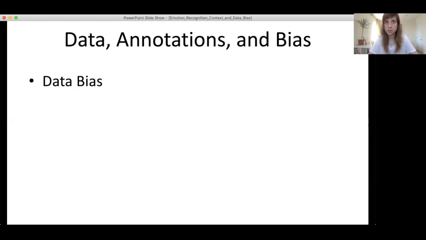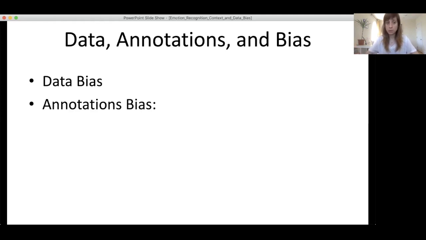This means that we need data, and in particular annotated data. But if we think just of the data, we know there's bias. The collection of images or videos we use for training have biases, depending on the methodology we use to collect them, or the source where they come from. So there's always bias here.